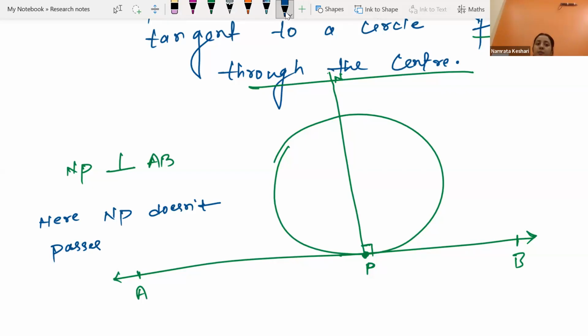At the point of contact to the tangent, we have dropped the perpendicular, and we are saying that it is not passing through the center.